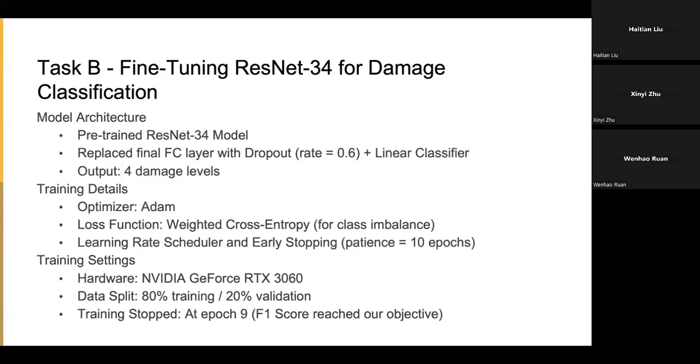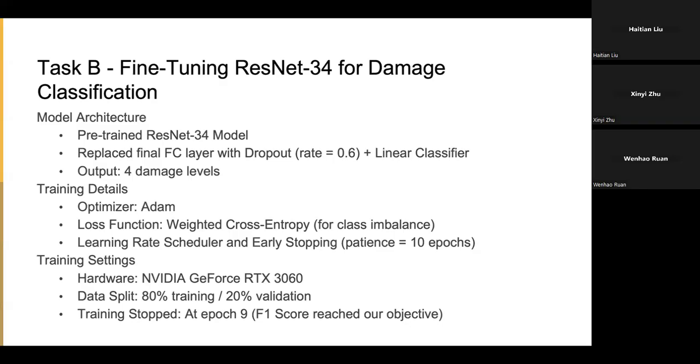To further explore the impact of deep learning models in our task, we started by using a pre-trained ResNet model. To adapt this model to our task, we replaced the final fully connected layer with a dropout layer with a dropout rate of 0.6 in order to avoid overfitting, followed by a linear classifier that outputs the four different damage levels.